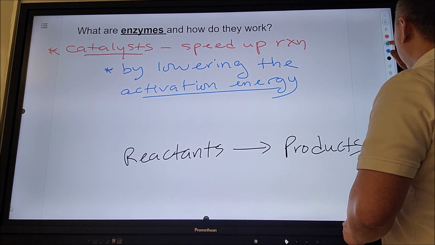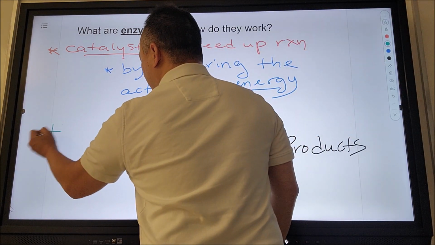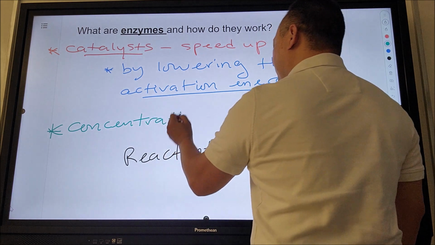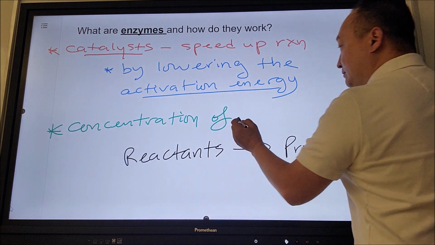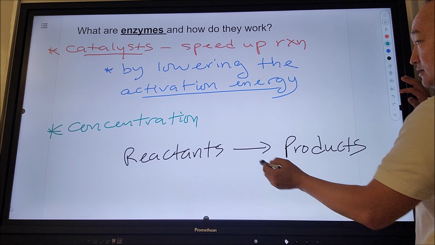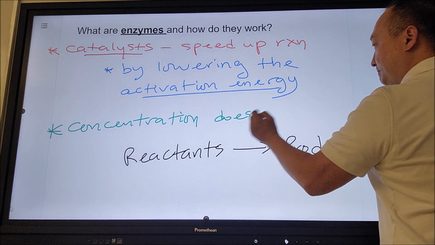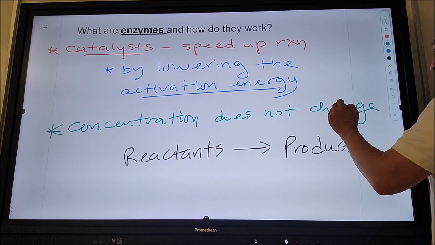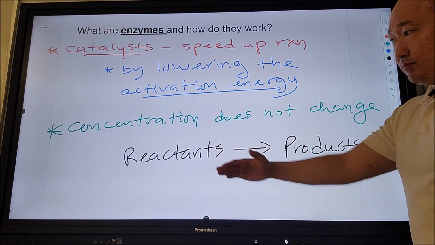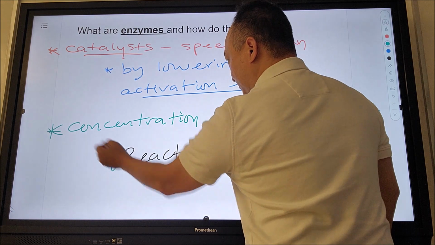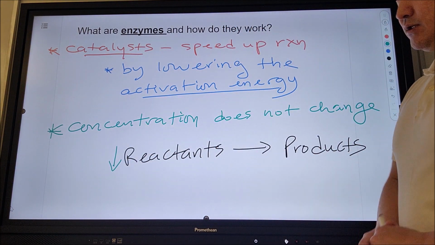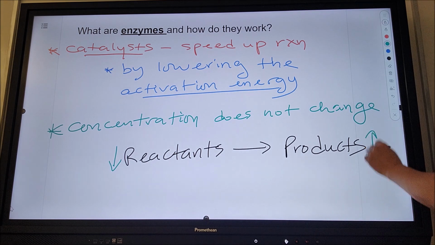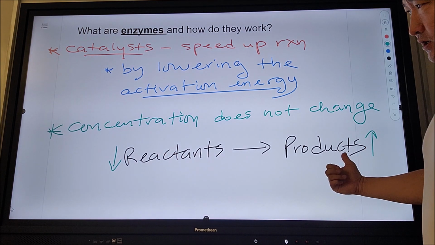Okay, and one more thing to note is that the concentration of enzymes does not change. In a reaction, the amount of reactants, the concentration, will decrease because they're getting used up, whereas the products will increase because they're being produced.